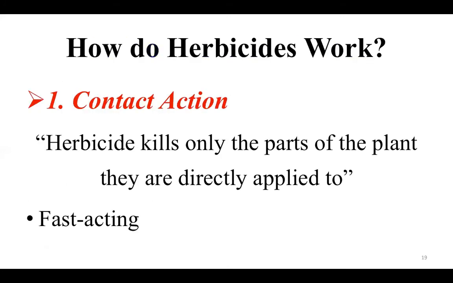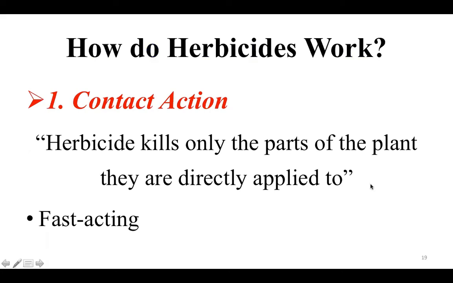How do herbicides work? Every herbicide works in one of two ways. The first way is by means of contact, which is called direct contact action, wherein the herbicide kills only the parts of the plant it is directly applied to.